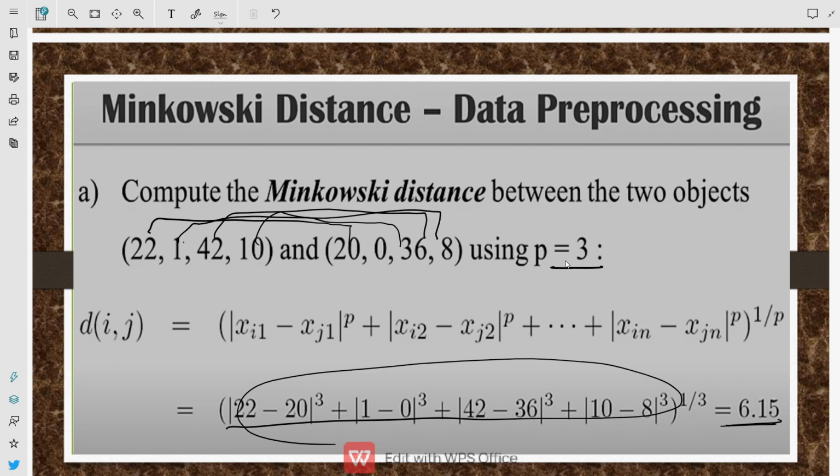You can pause the video and try to solve the problem, then only you will come to know how these distance measures work.